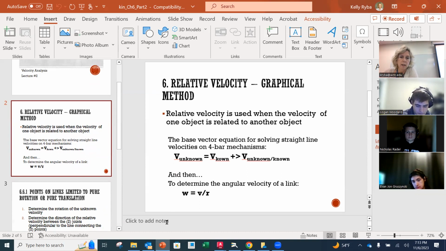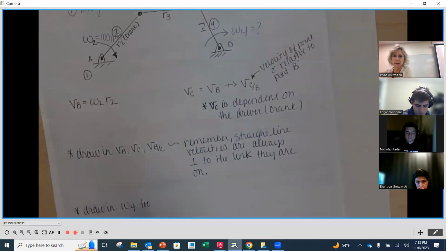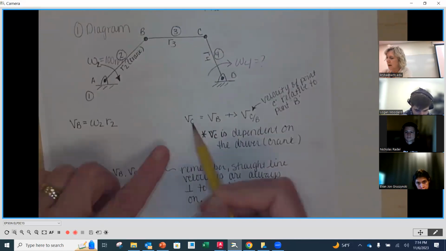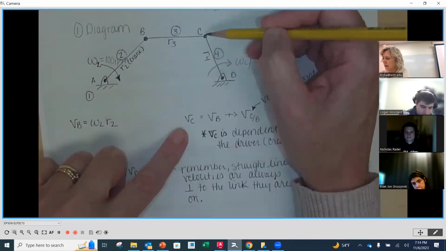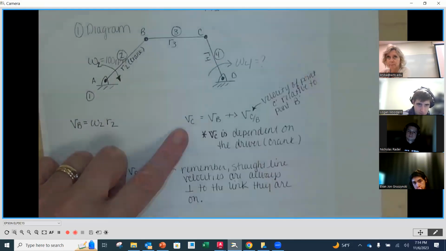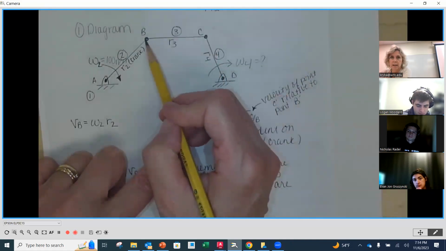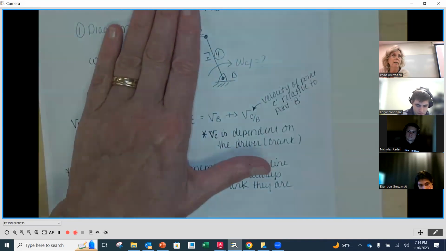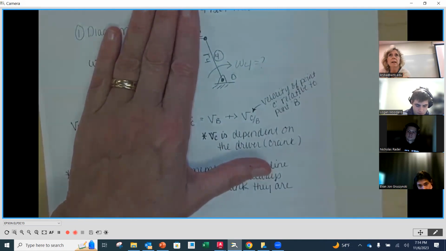Okay, so in our problem underneath our camera here, we now have C. We want to know what the velocity of C is because C is on the same link that we need to know the angular velocity for. And it is going to be directly related to and connected to the velocity of B. Now, velocity of C, if we look at it just on a single link, and we know that this link is going to be rotating in a clockwise direction, what is going to be the direction of the straight line velocity of point C?